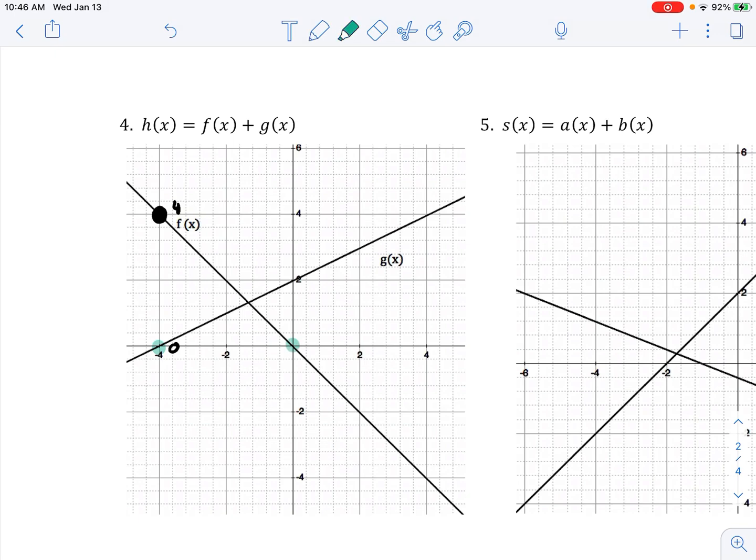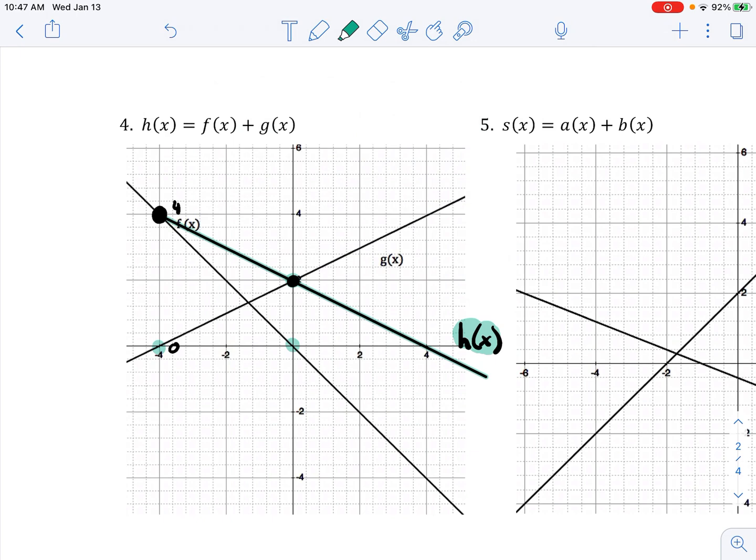Then we can choose another point. 0 and 2. 0 plus 2 is 2. So it's nice to find numbers where it's easy to match them up. But then you connect that line and you get your new equation. So in this case, h of x.